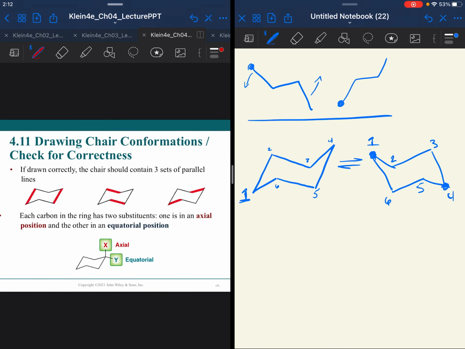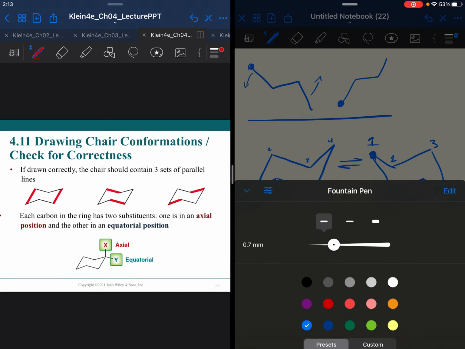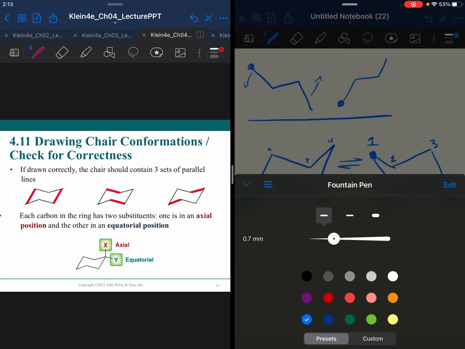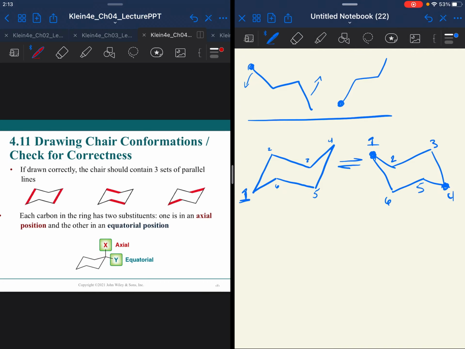All right, so it is important that you've got certain lines pointing up and certain lines pointing down because we are going to start adding in the other 2 bonds on the ring. So I'm going to just draw just in the middle, unhindered by anything. Here's one of my chair conformations.